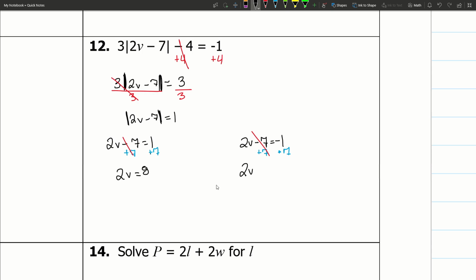Or we can have 2v equals negative 1 plus 7 is 6. We divide everything by 2, because 2 divided by 2 cancels it out. We have 8 divided by 2, 4. We have 6 divided by 2, 3.